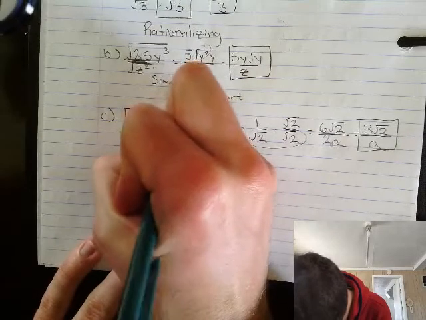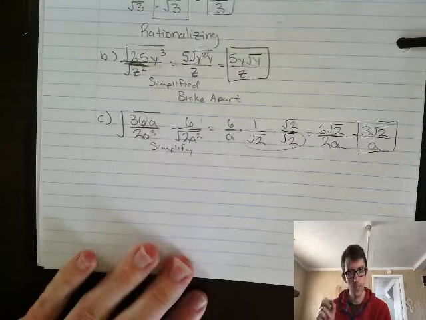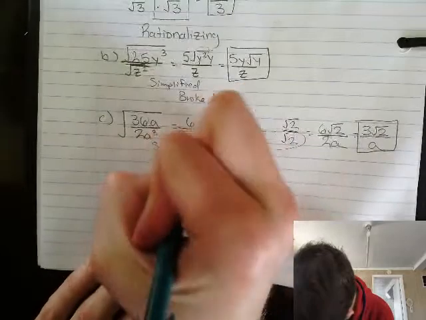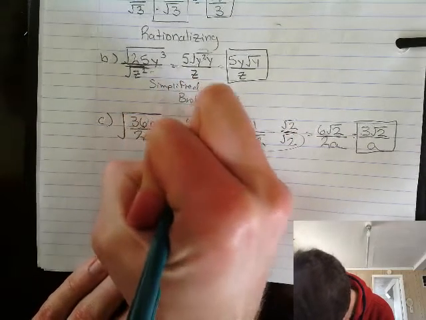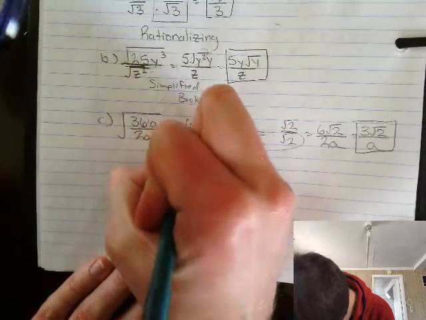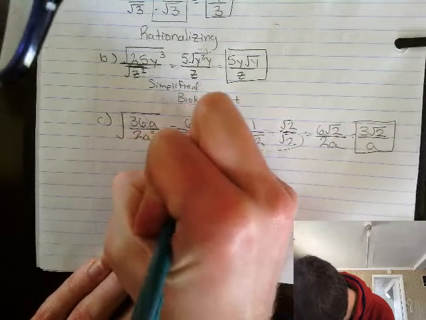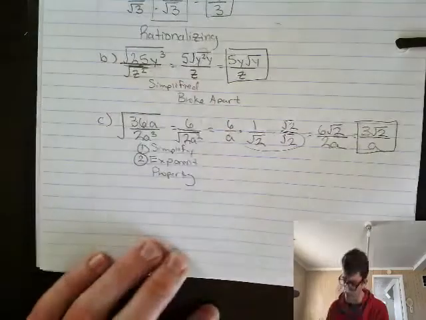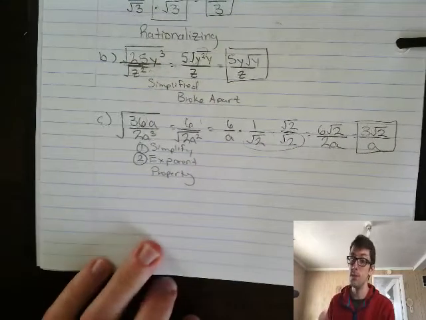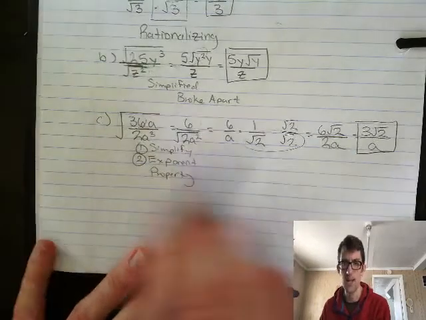Okay, so I will now write. I was talking about what the steps were. I'll write it down. So we simplify. Like we did the square root of 36, and we did the exponent property, and I'm gonna put like 1, 2.